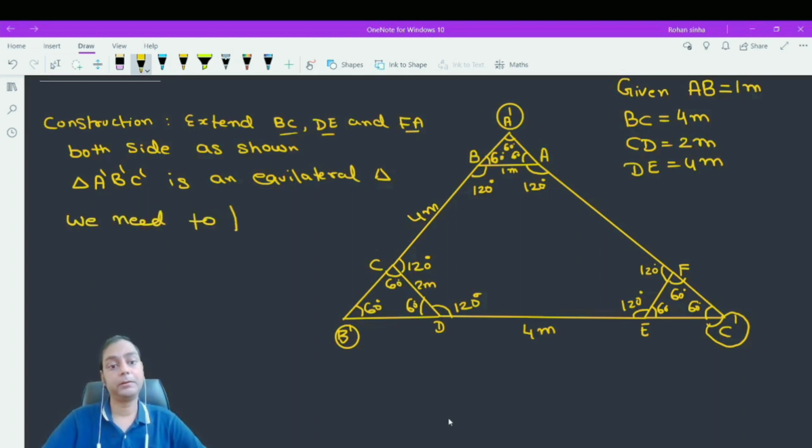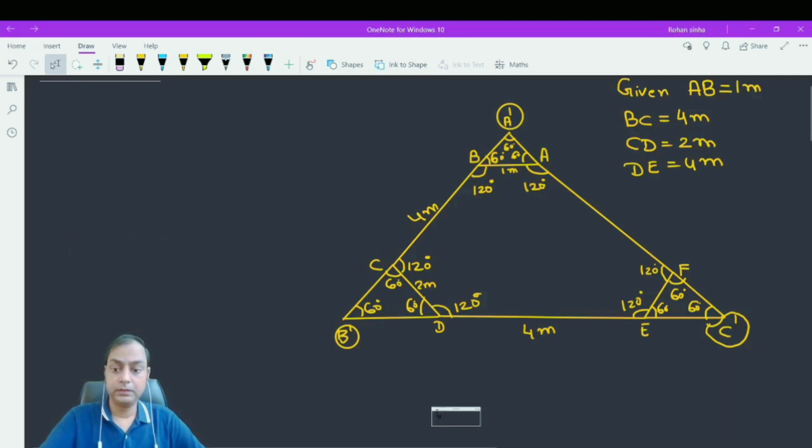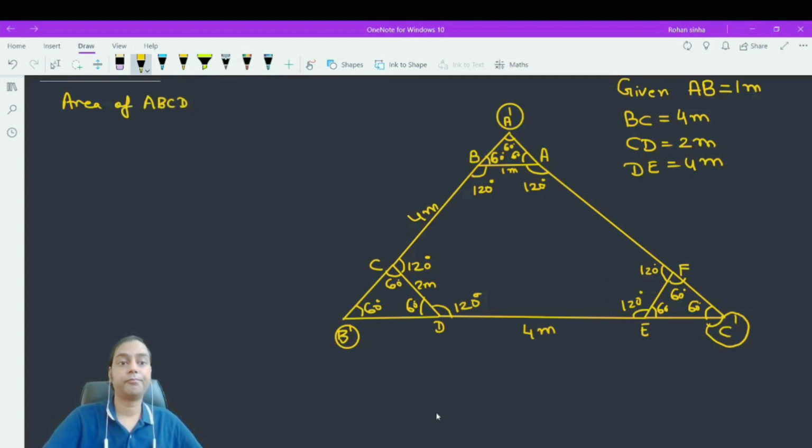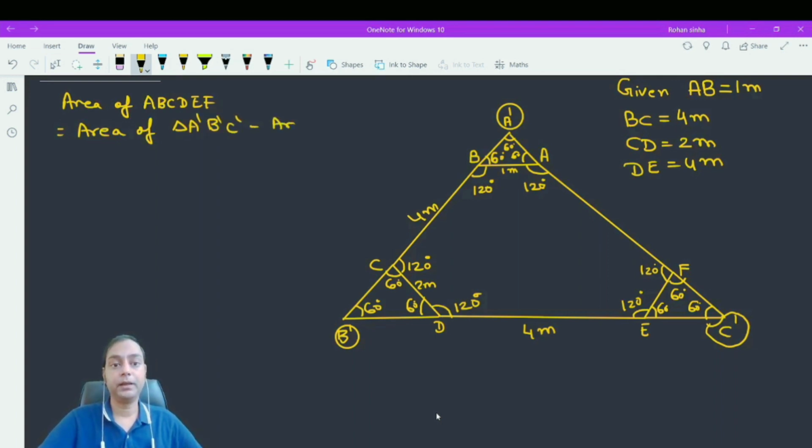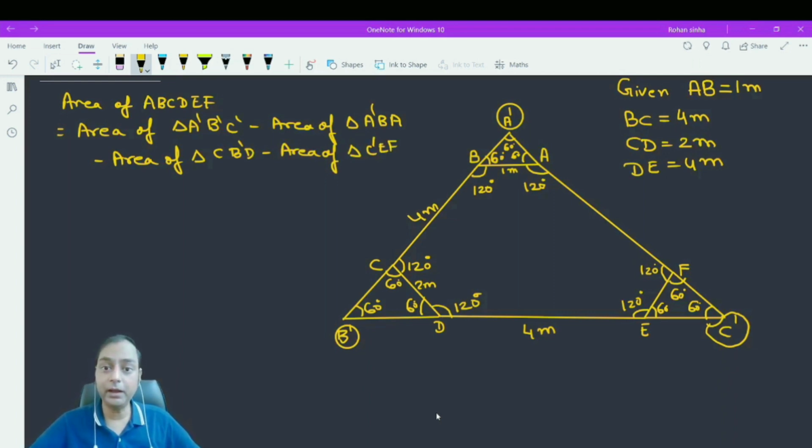So the area of ABCDEF is simply equal to the area of triangle A dash B dash C dash minus the area of triangle A dash BA minus the area of triangle C B dash D minus the area of triangle C dash EF. Now this triangle A dash BA is equilateral.